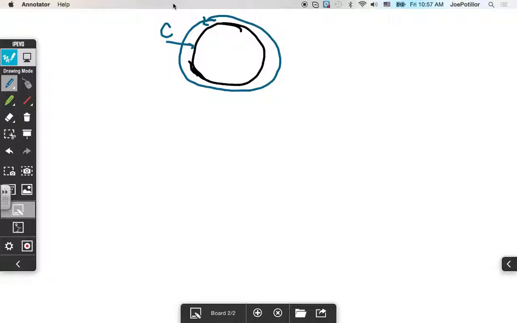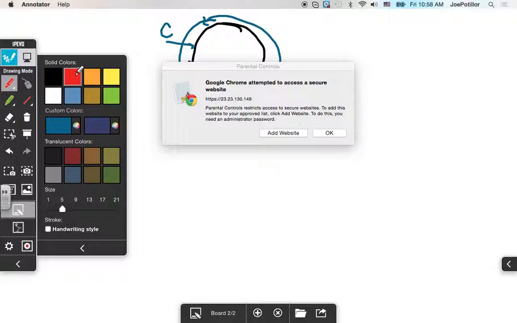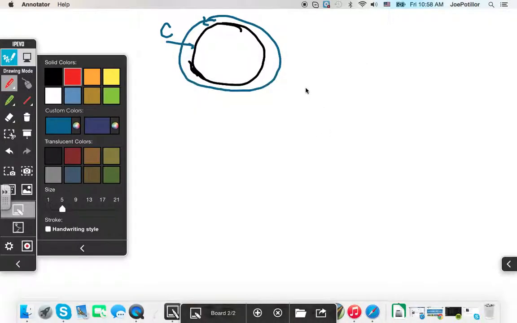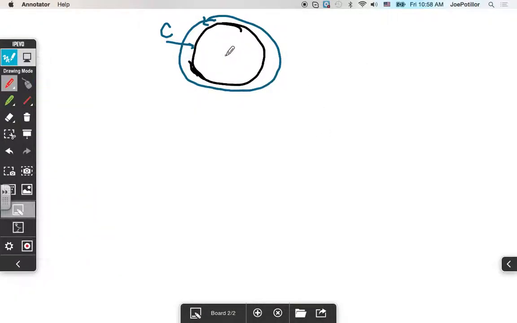Recall that. Okay. We also know the circle has a couple of major pieces to it. The radius. We'll use a different color for that. We'll use red. And it also has, of course, the diameter, which is twice the radius.